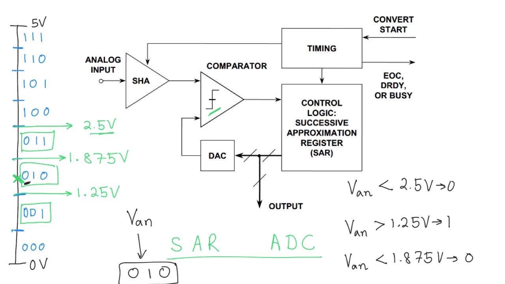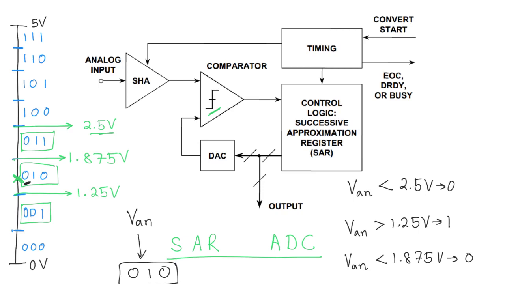Okay, so that's how a successive approximation ADC works. Of course, there are other components to this successive approximation register ADC, and the basic idea is that the approximation happens successively in time. So we need a timing circuit that times when the 2.5 volt is generated and when the 1.25 is generated and so on.